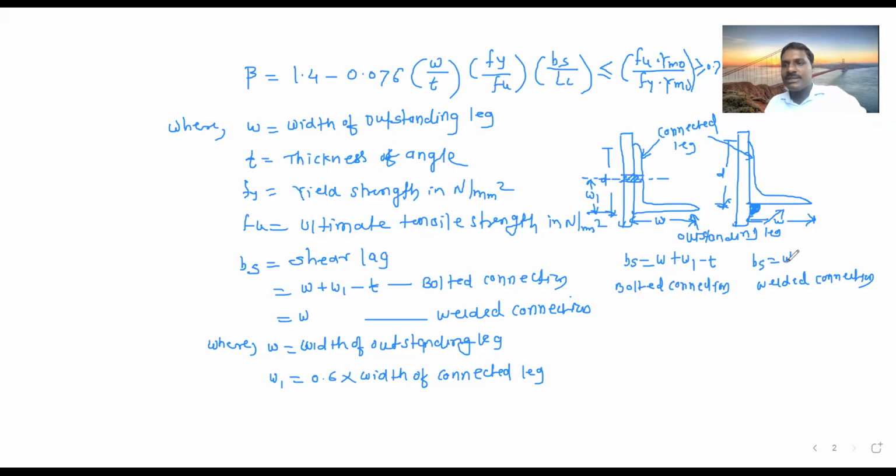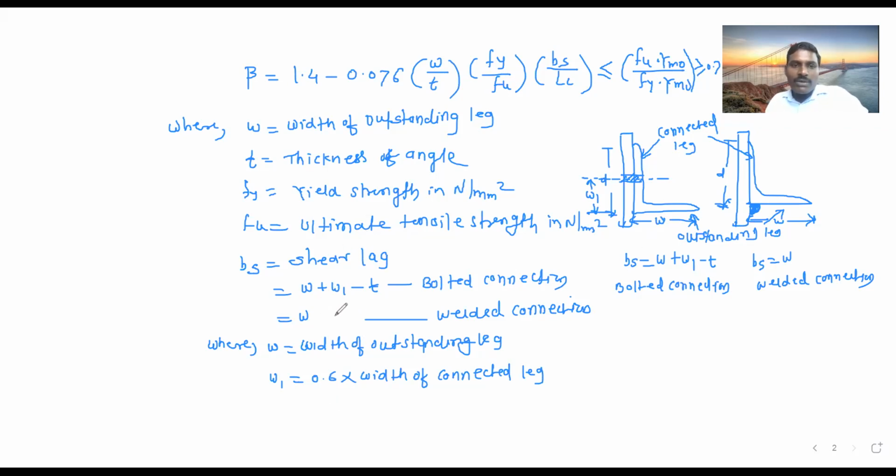And for welded connection, BS is equal to W. Here W is the width of the outstanding leg, that we have seen.